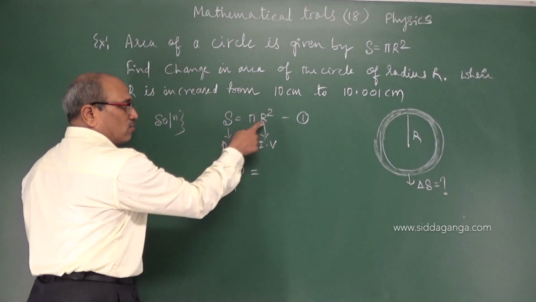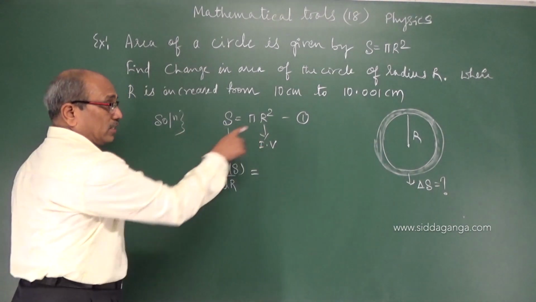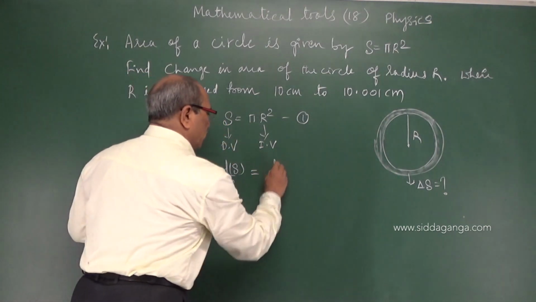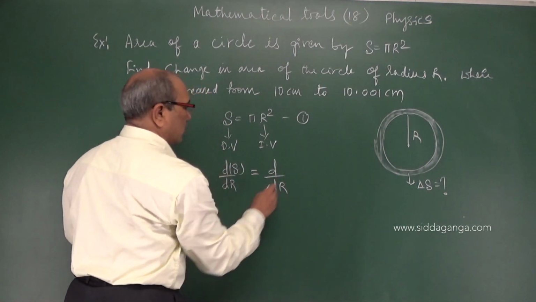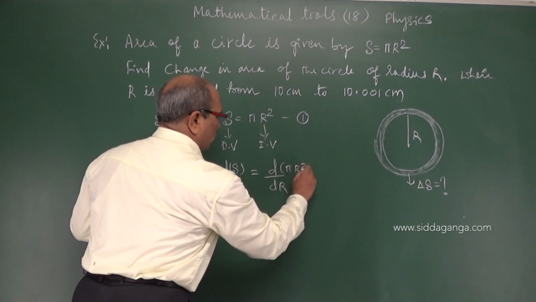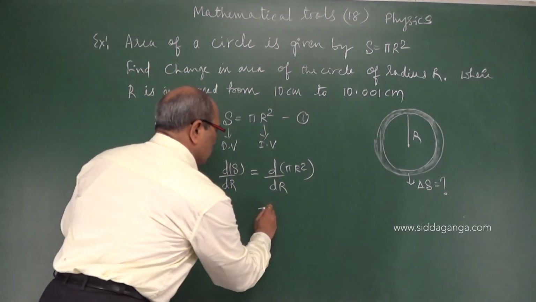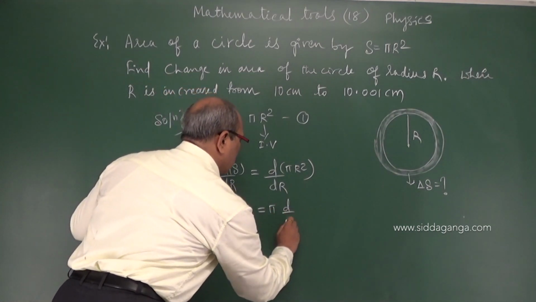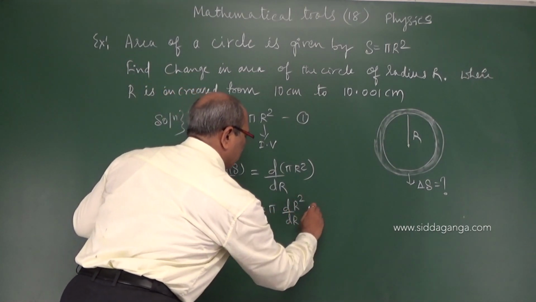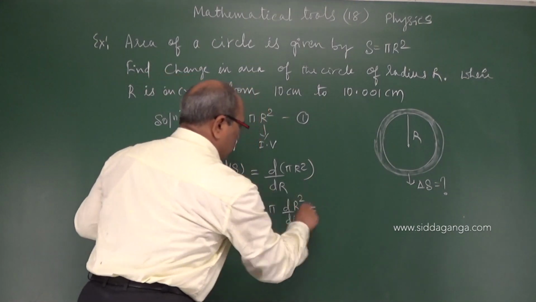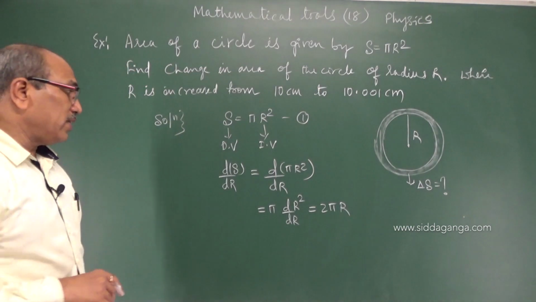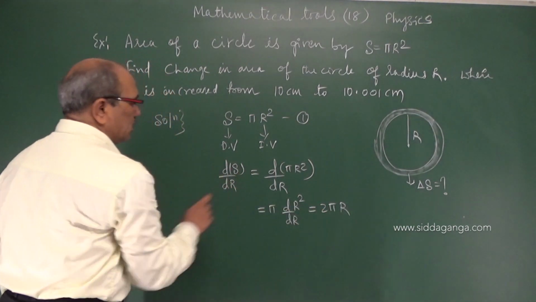Here r is independent, S is dependent. So therefore d by dr of pi r square. Pi is constant, so I bring it out, and d by dr of r square gives 2 pi r. 2 pi r is dS by dr.